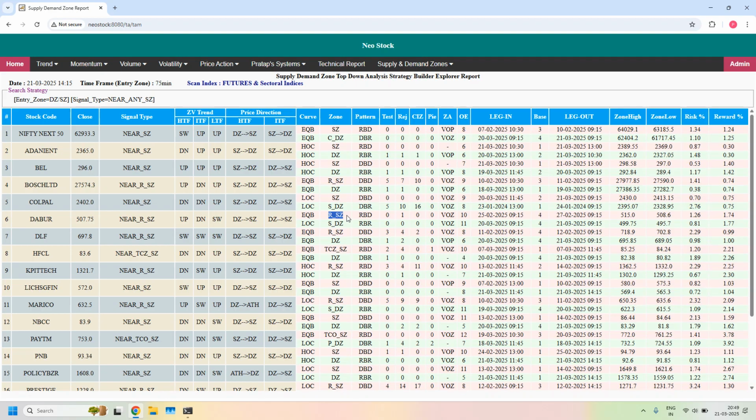Dabur is having a 75 minutes high liquidity supply zone. DLF is having a 75 minutes high liquidity supply zone. KPI Technologies is having a 75 minutes high liquidity supply zone. Marico is having a 75 minutes high liquidity supply zone.